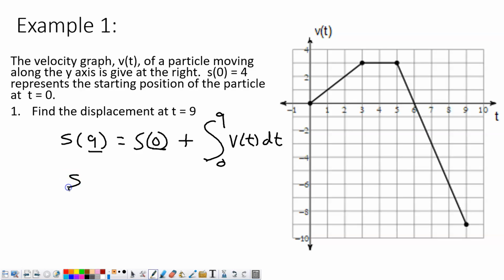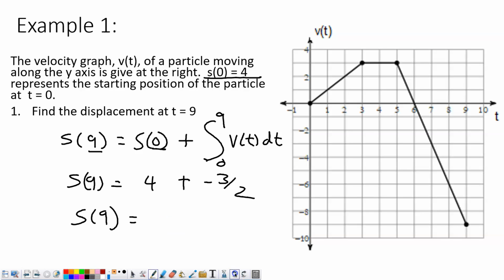So S of 9 then is equal to, what's my starting position? 4. Says it right there at the top. And we've already calculated our displacement. What was my displacement on number 1? Negative 3/2. So that means that when t equals 9, my position will be at 5/2.